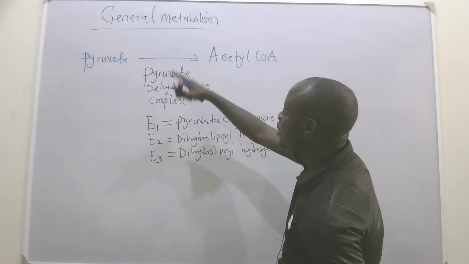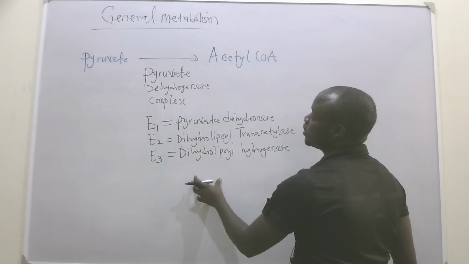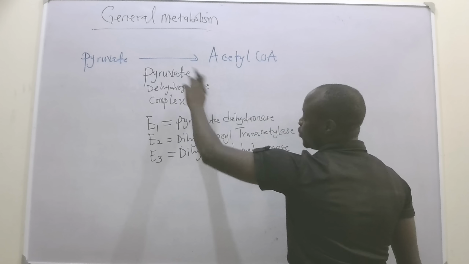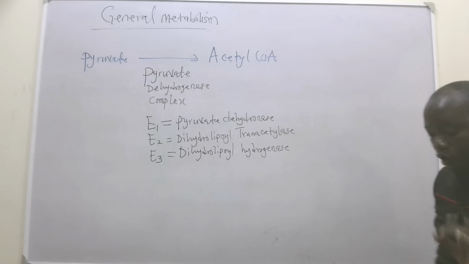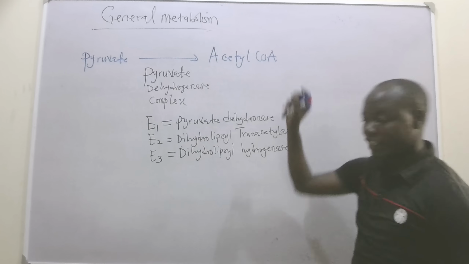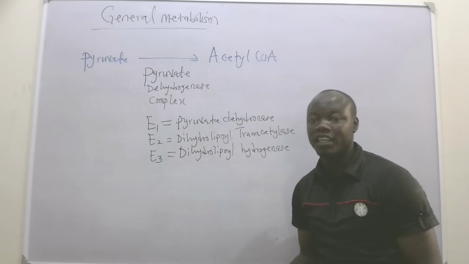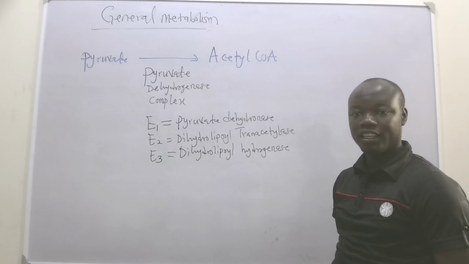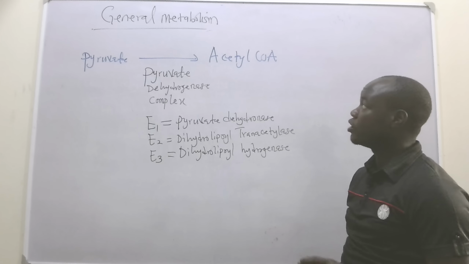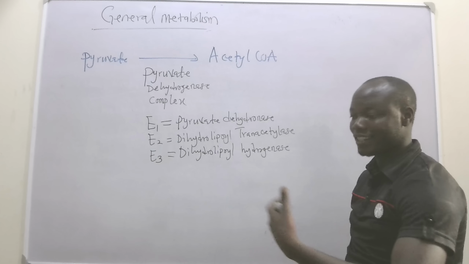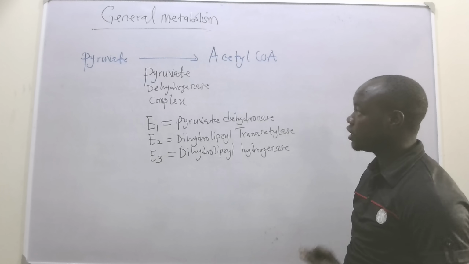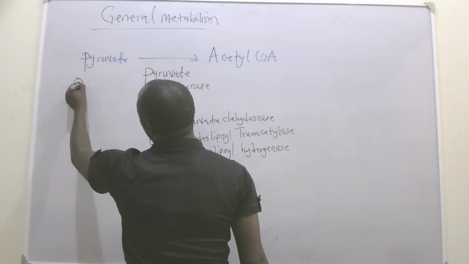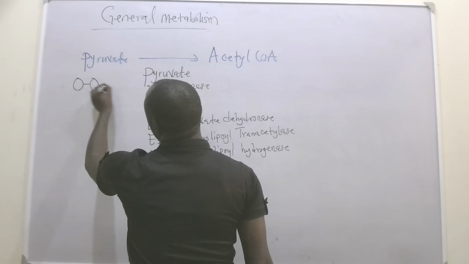So these are the three enzymes that form the pyruvate dehydrogenase enzyme complex. This reaction involves transacetylation and decarboxylation, because pyruvate is a three-carbon compound.